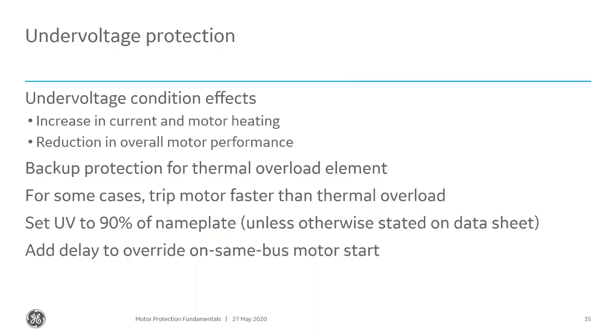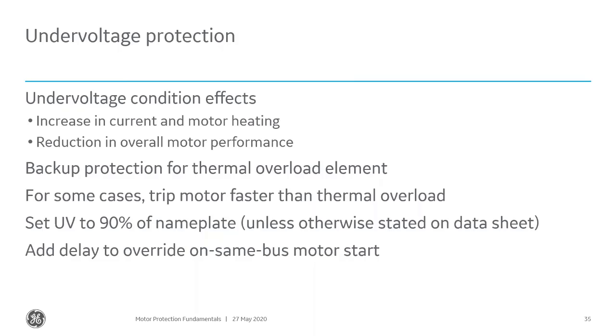And so when you undervoltage, it means you're going to draw more current. And that more current is going to manifest itself as additional heating, more I2R losses. Since you're drawing more current, that additional heating will be rolled into the motor thermal model, but you may still want to trip for this undervoltage element also.